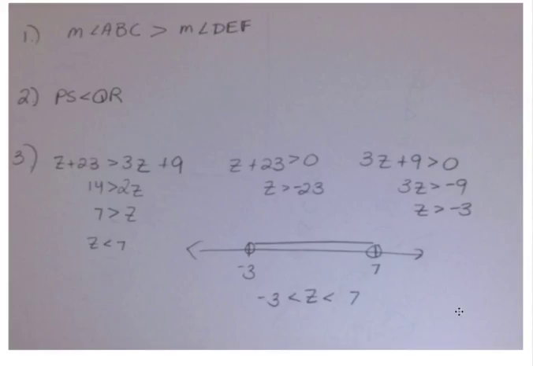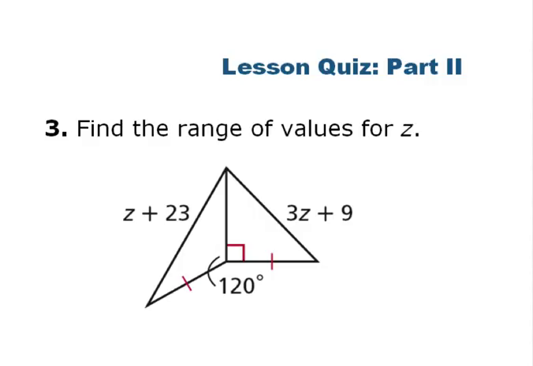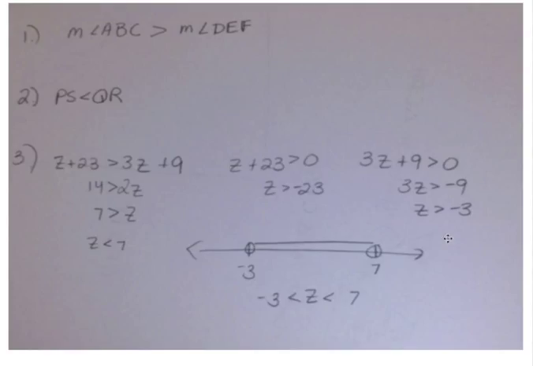If you got something different, go back and check your work. Notice that for number 3, I made sure to write that each, I believe those were angle measures, were they? No, sides. Each side had to be greater than 0, so I was able to find a range from -3 to 7.